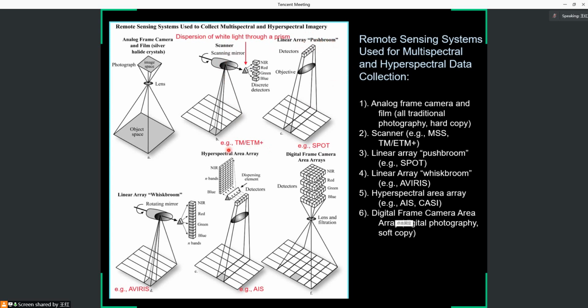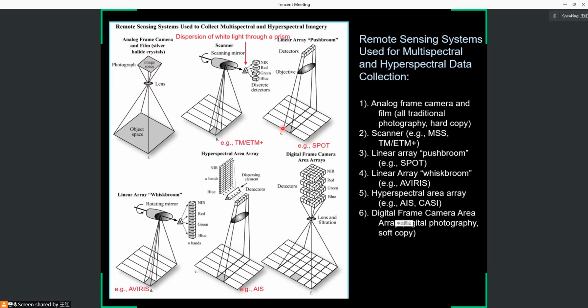It's different. And for the camera and the film, this is just an image scale photograph by the lens, and it's very simple. It's just a photograph.